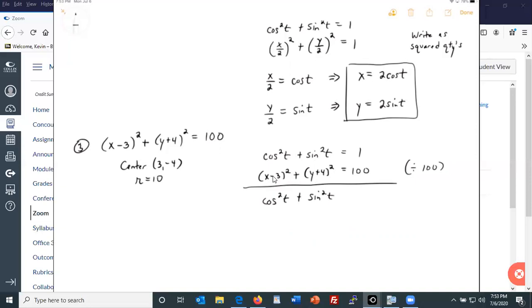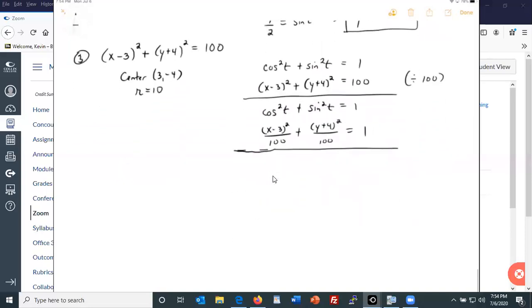All right, so I'm going to bring down the first equation. Then I divide (x - 3)² by 100. (y + 4)² gets divided by 100. 100 gets divided by 100, and I get 1. And then, again, just like before, I'm leaving that first equation alone.